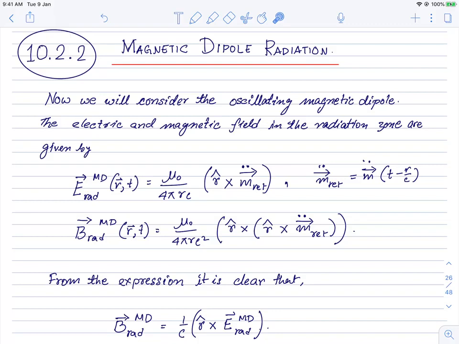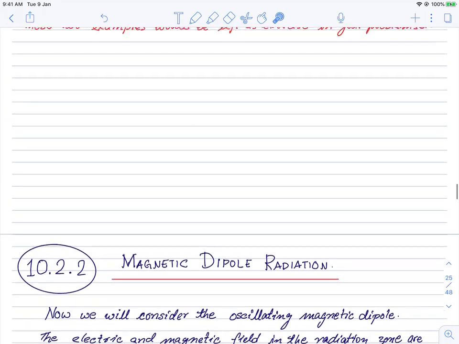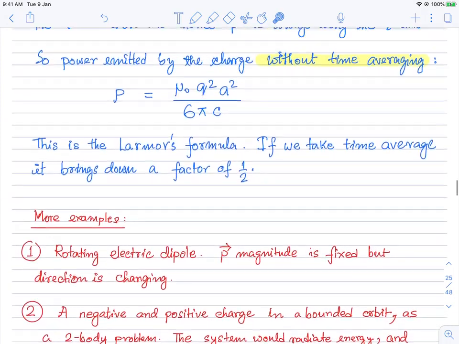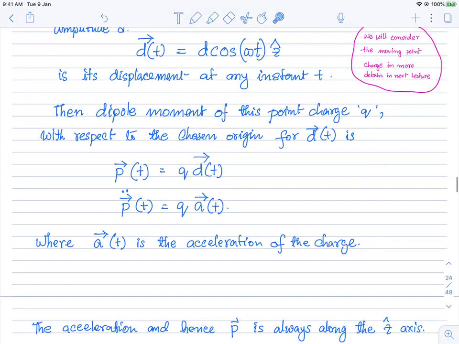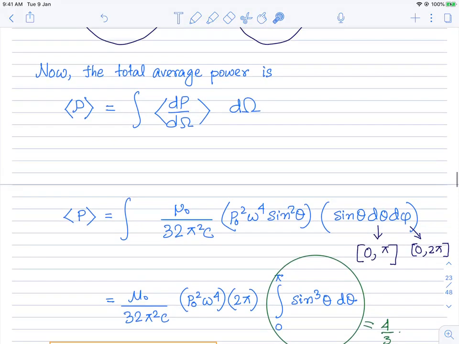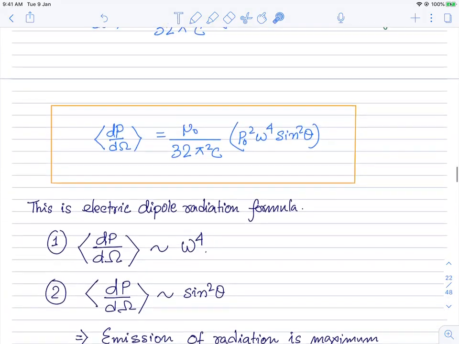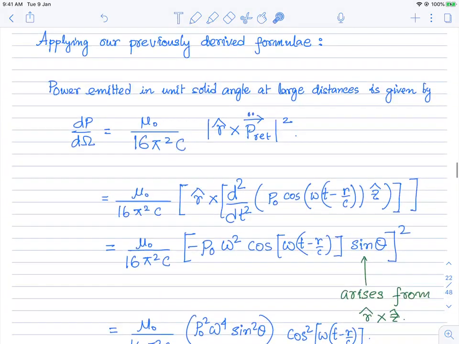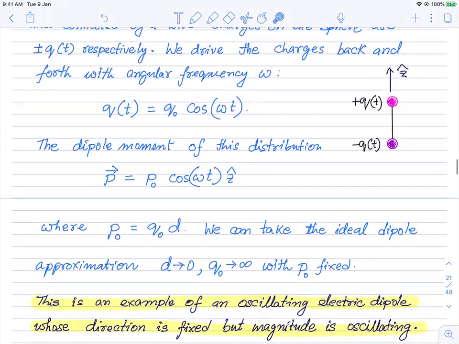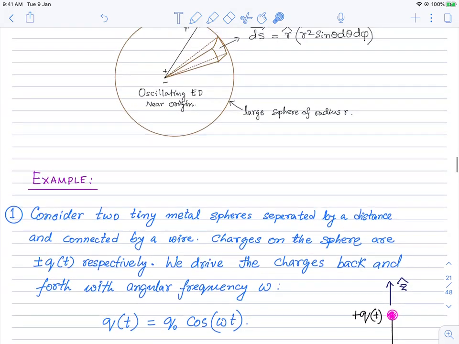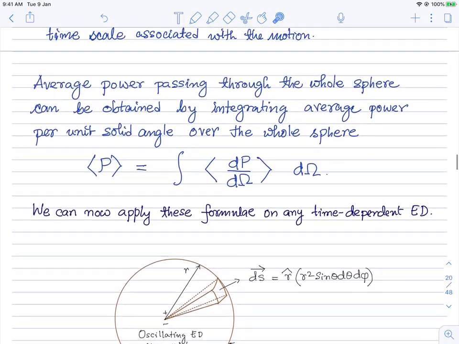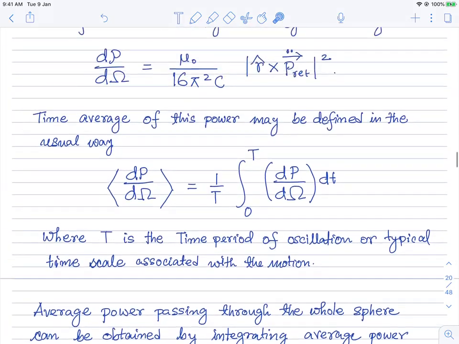Okay. So before I move on to the magnetic dipole, let me make one small remark here. You might think that this time derivative in the dipole moment is arising out of some time derivative on the charge density, right?